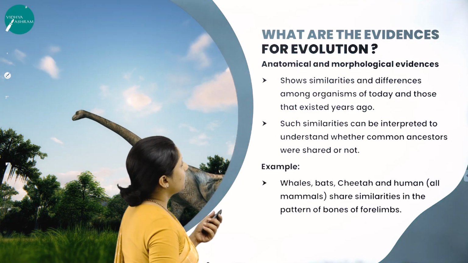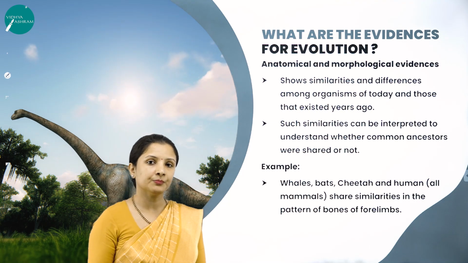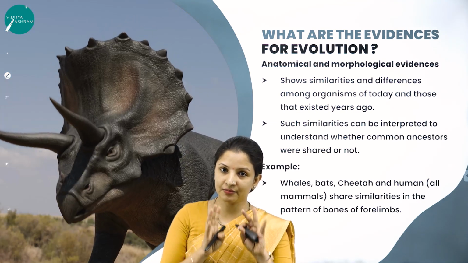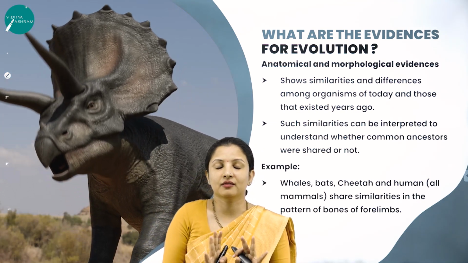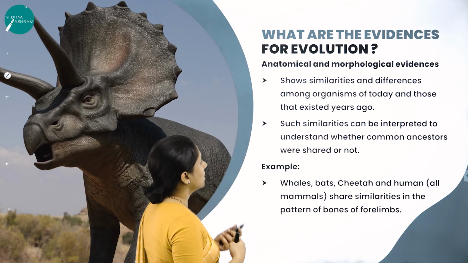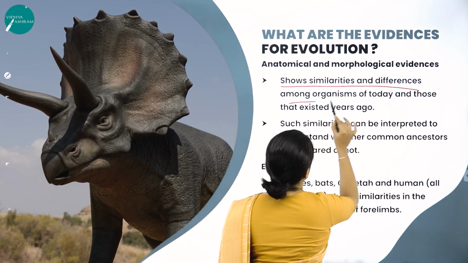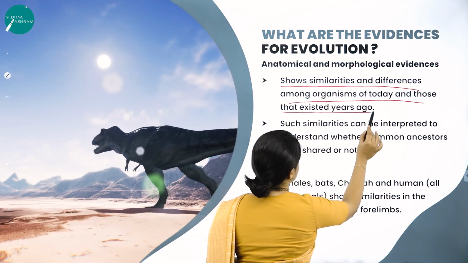Moving further, we'll learn about anatomical and morphological evidences. Some organisms have a similar anatomy and structure, but they might perform different functions. So that is what we will look into. They show similarities and differences among organisms of today and those that existed years ago.